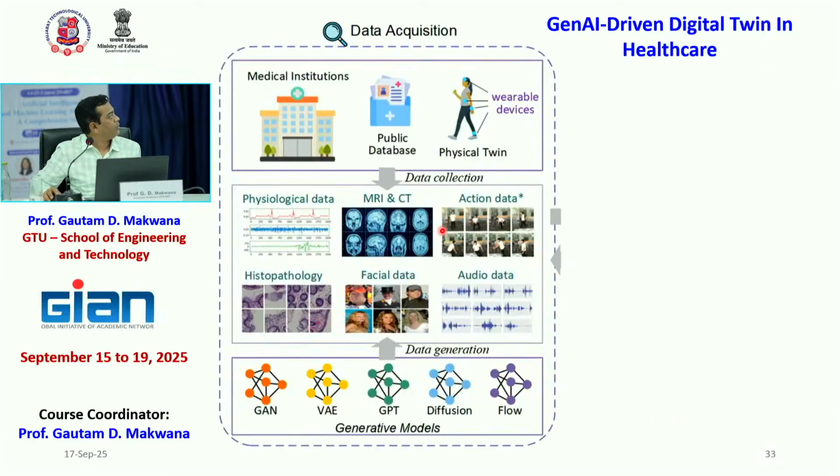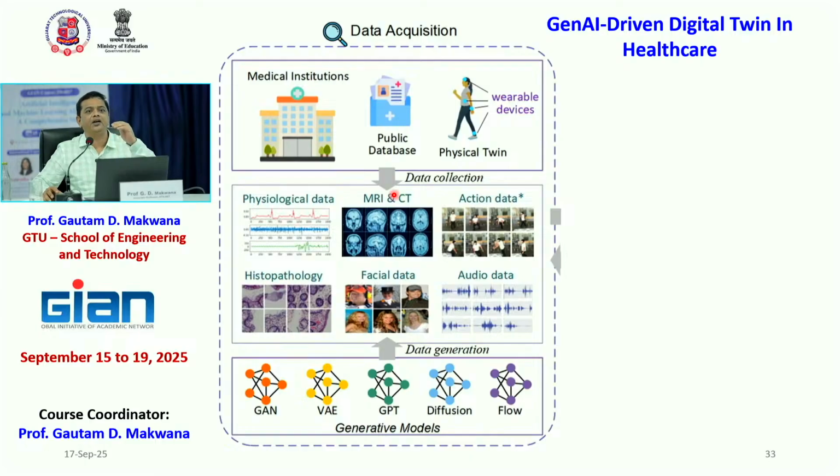Okay, are you able to see this figure? So here what happened? Some data are collected physically, and some data are generated by generative AI.